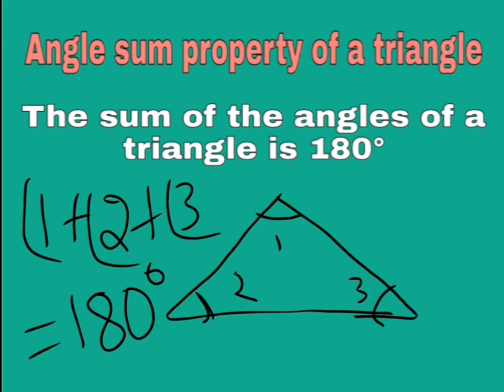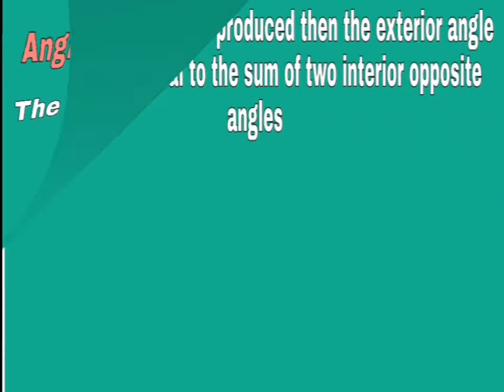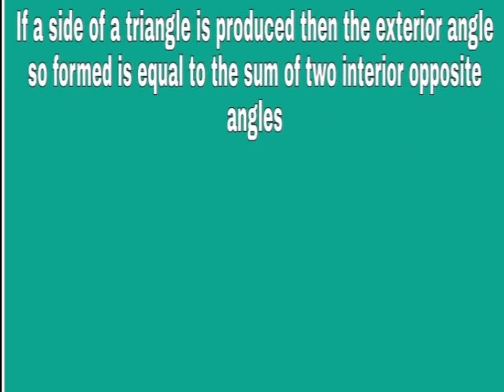That is the angle sum property of a triangle. Now let us learn some more properties of the triangle which will help us to solve our exercise. The first property is, if a side of a triangle is produced, then the exterior angle so formed is equal to the sum of the two interior opposite angles. This is a very important property which will be used to solve our exercise.